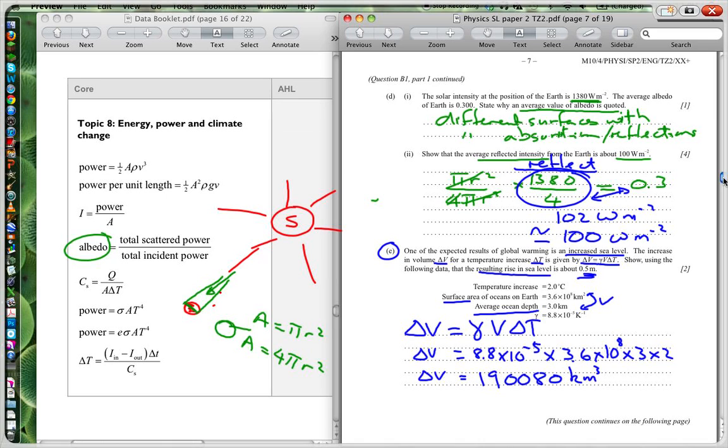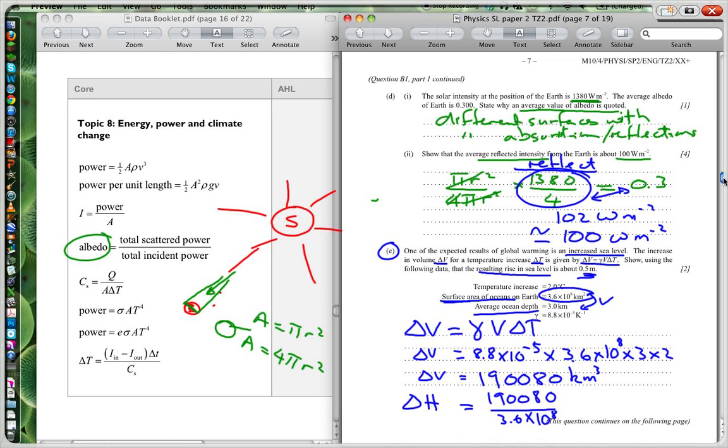Now, that increase in volume is going to be spread right across the whole surface area of the ocean. So if I divide my change in volume by the surface area, I should get a height increase. So my change in height will equal 190080 divided by 3.6 times 10 to the 8.